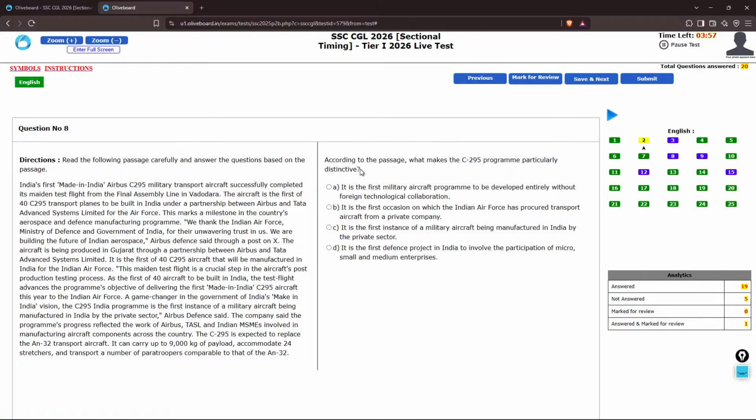What, according to the passage, makes the C-295 program particularly distinctive? It is the first military aircraft program to be developed entirely without foreign technology. Nothing has been mentioned like that. It is the first occasion on which the Indian Air Force has procured transport aircraft from private.